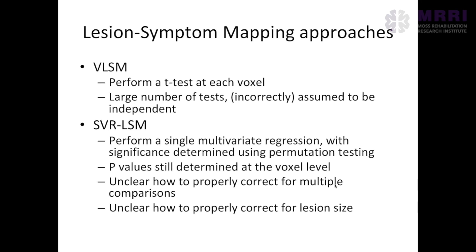It's this weird hybrid mix of the two. And then we also don't quite know exactly how to correct for lesion volume, and I'll touch on that more in the next few slides.